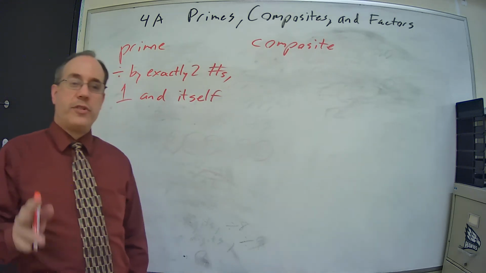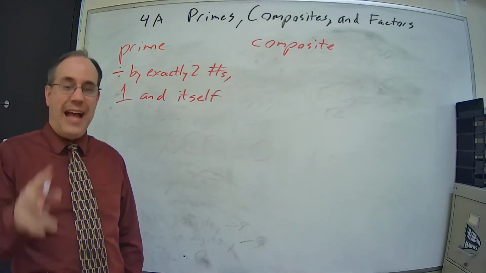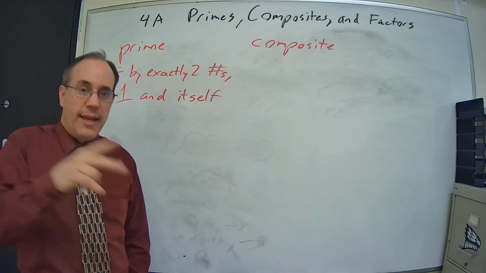So a prime number is any number that's divisible by exactly two numbers, 1 and itself.